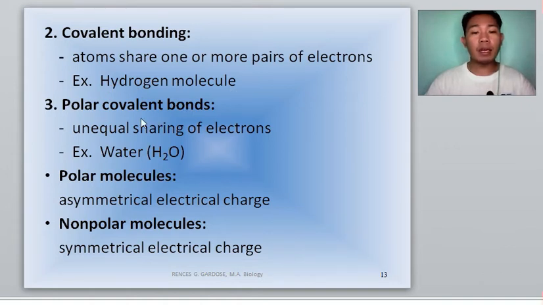The third one is polar covalent bonds. Polar covalent bonds have an unequal sharing of electrons, as in the bonding of water. Polar molecules are said to have an asymmetrical electrical charge, and nonpolar molecules have a symmetrical electrical charge.